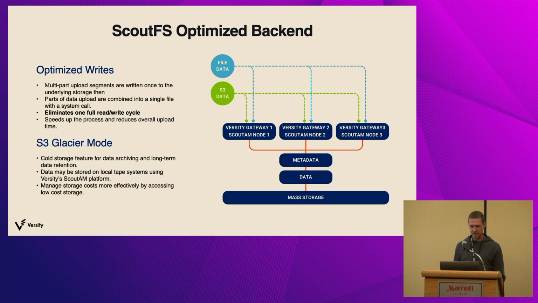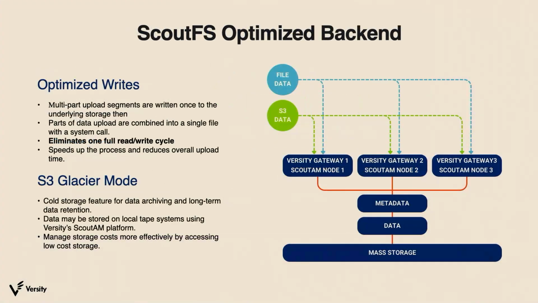Just to give an idea of like why would you want to do your own specific backend here. So we have a POSIX file system. So why do we need to do a ScoutFS backend? There's a couple of optimizations that we needed to do for ScoutFS. So there's the multi-part uploads basically come into the system, put in a temporary location for the part uploads, and then they're copied into the final object location in the complete multi-part upload call.